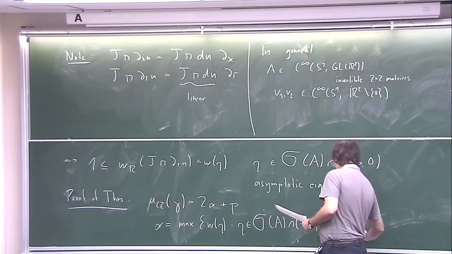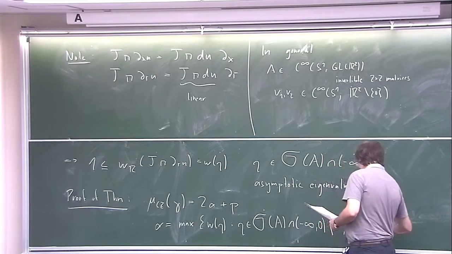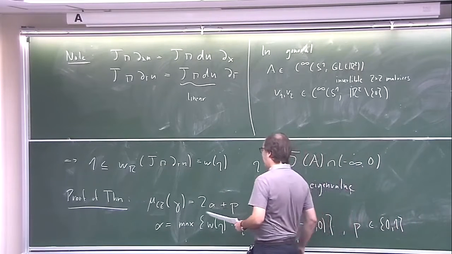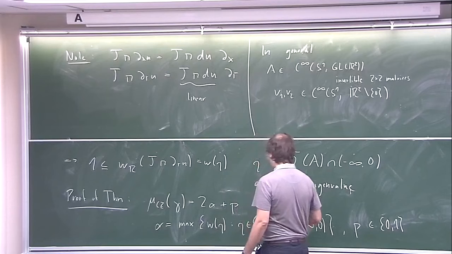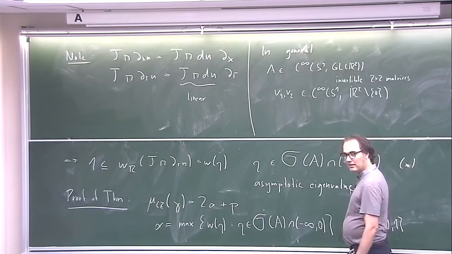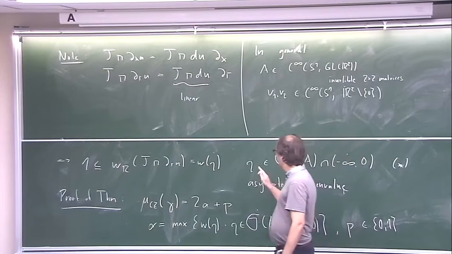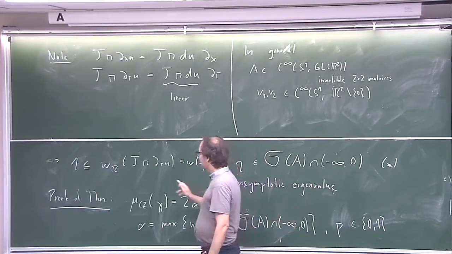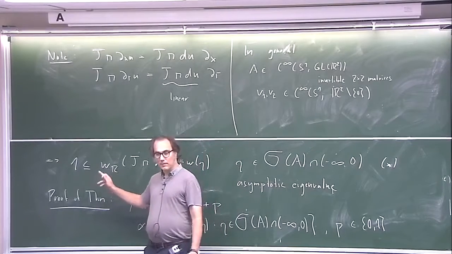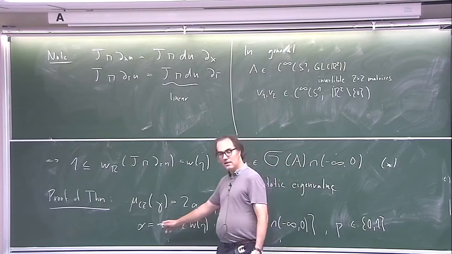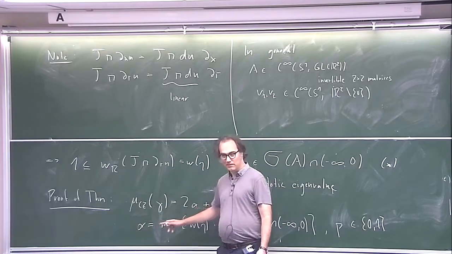And the parity p is either 0 or 1. And now, by this formula, we found one eta, which is negative, and has winding number bigger or equal to 1. So we conclude that alpha is bigger or equal to 1.